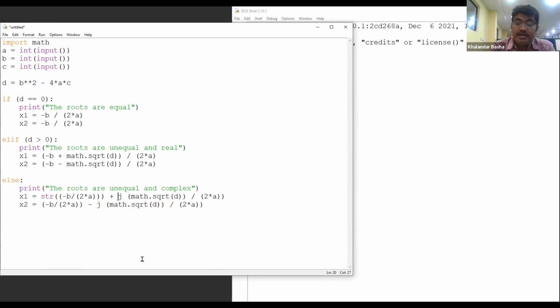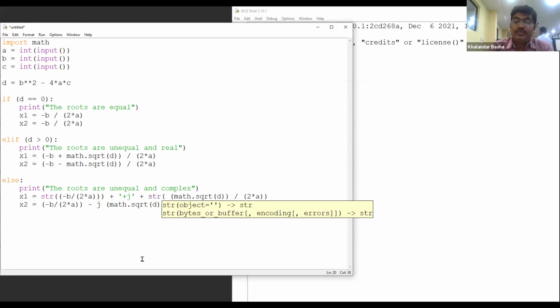Then I need plus also, so I'll write plus. J also I'll include in string. Then I'll go for the concatenation operator, str of math dot the remaining portion.